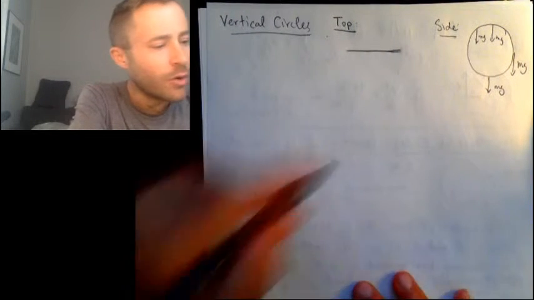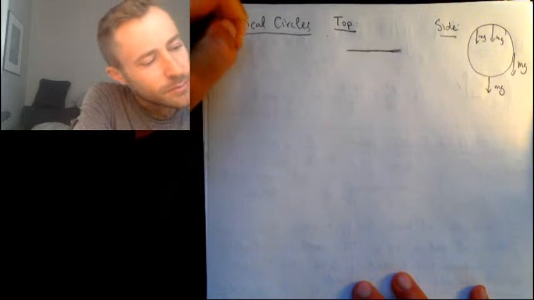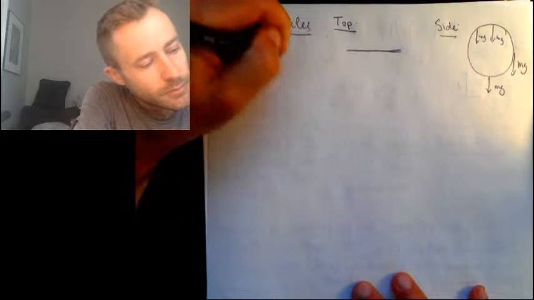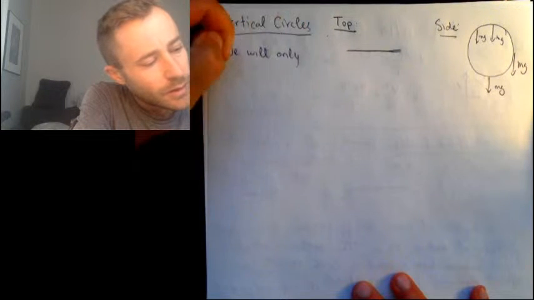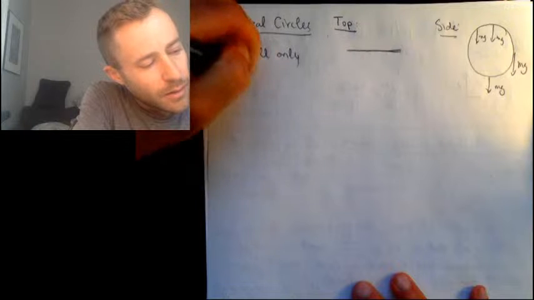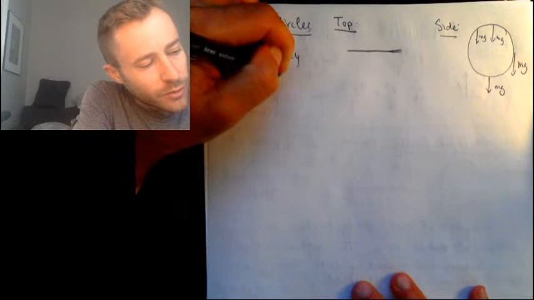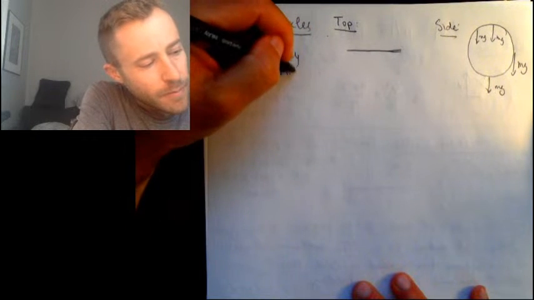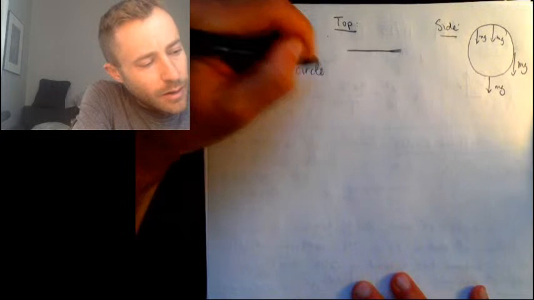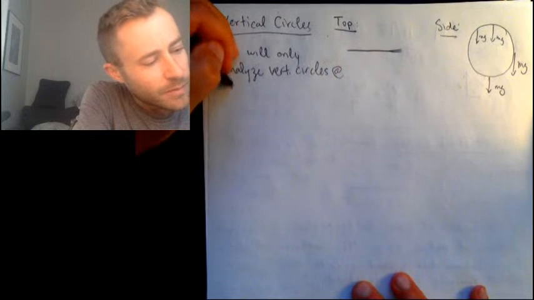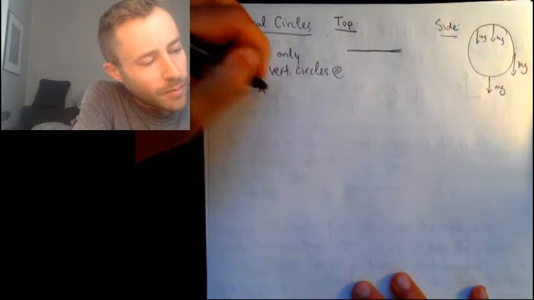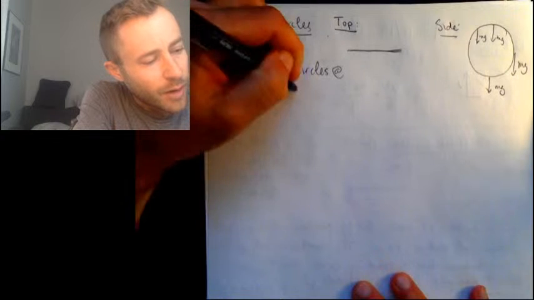Now we will only analyze vertical circles at the top of the circle or at the bottom.